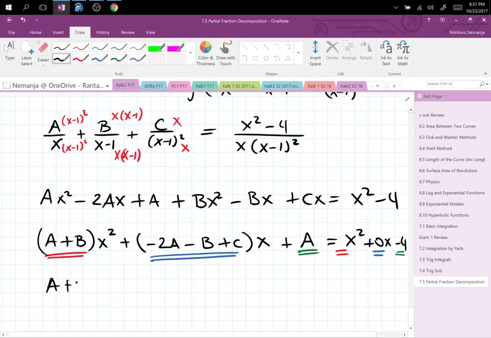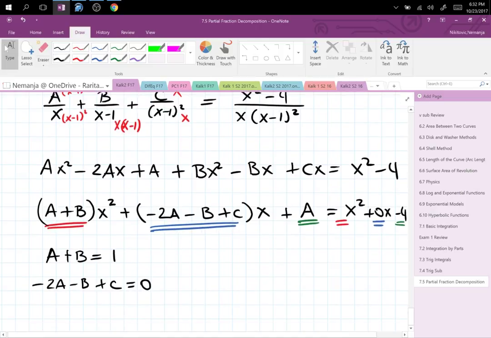So A plus B is the coefficient of x squared on the left side, and number 1 is the coefficient of x squared on the right side, and we equate those. And then you have negative 2A minus B plus C equals 0, because the coefficient of the x term on the right hand side is 0 when you do the placeholder thing. And finally we get, for free, A is negative 4.